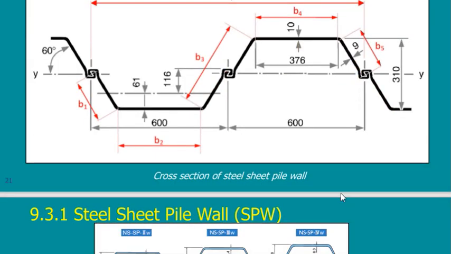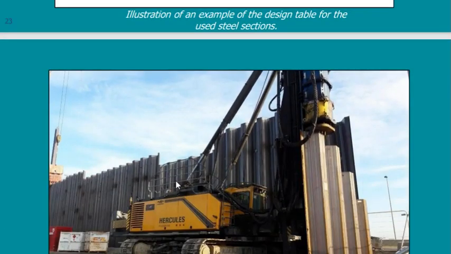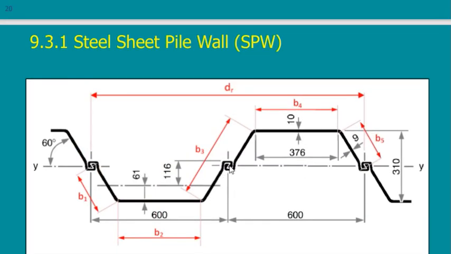When you see it, these are the details, but I will just go to this. These are the sheet pile wall. What is the sheet pile wall? The sheet pile wall are just some steel sections, pre-constructed, prefabricated sections.